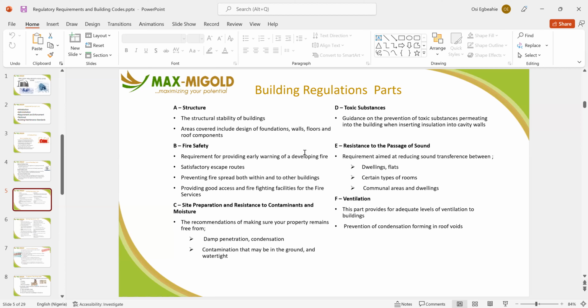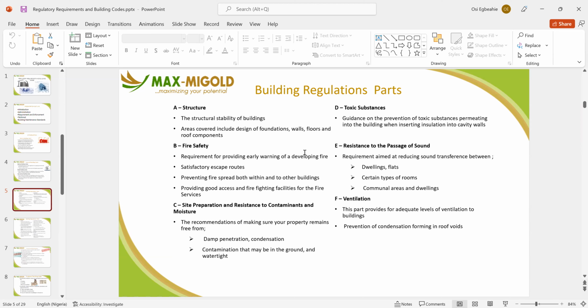And even that cavity itself, they normally check if you are building around factories that release toxic chemicals into the atmosphere or into the general drains, or into the canals. If your building is positioned around there, those contaminants may come into your building and affect it.